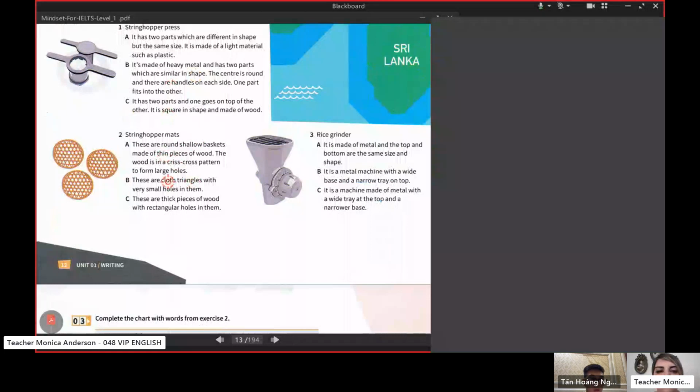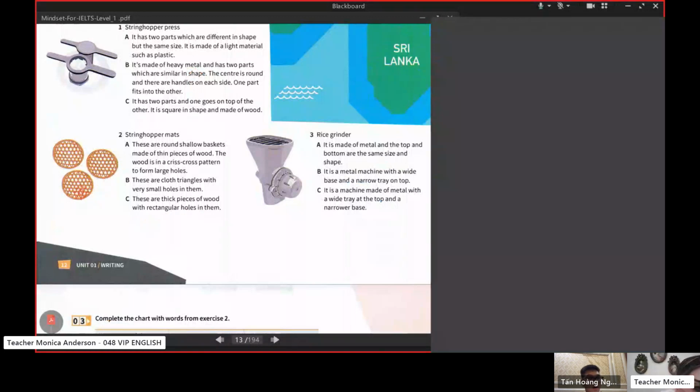Number two. I think C. You say C: these are thick pieces of wood with rectangular holes.